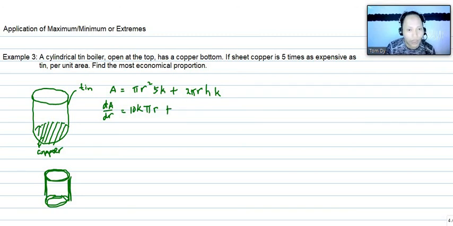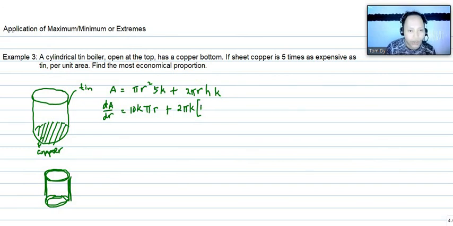Now, if you have noticed, we have here r and h. r is the radius, and then the height. So we have two unknown variables. So I will write first 2 pi k, and then r times h, that is the derivative of a product uv.